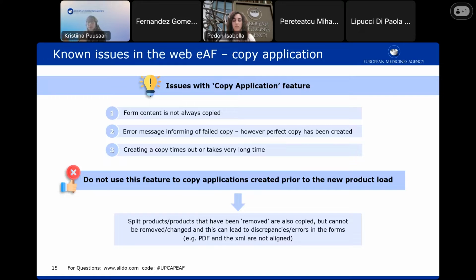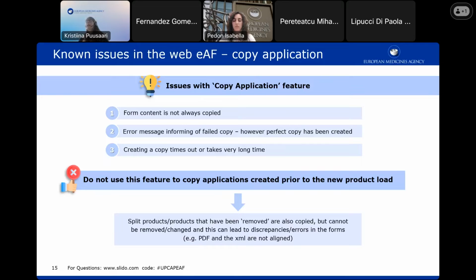So what Marcos just explained there with the Imovik example, for example, if you had created a form for Imovik and then it was split, these products, as they are no longer available in the database, you cannot remove them from the copy, but you also cannot use them in an application form anywhere, because they are not active products.